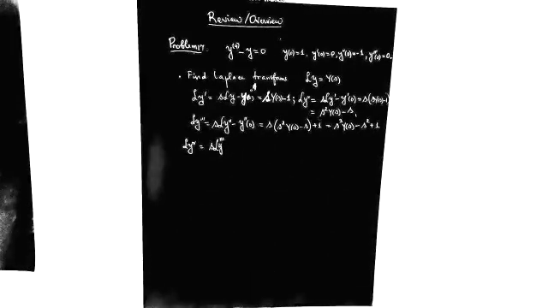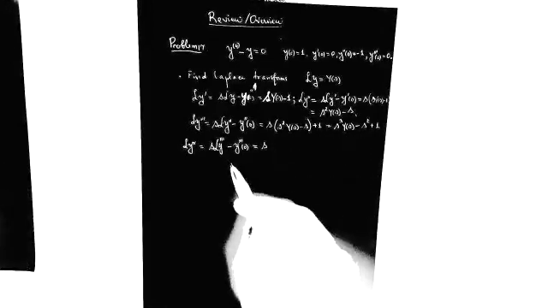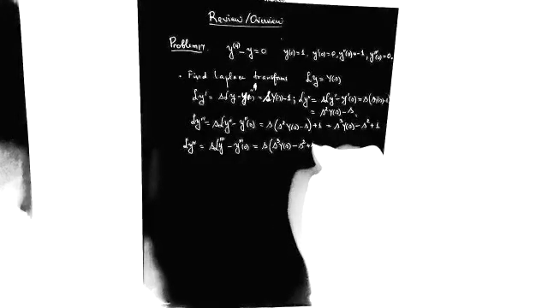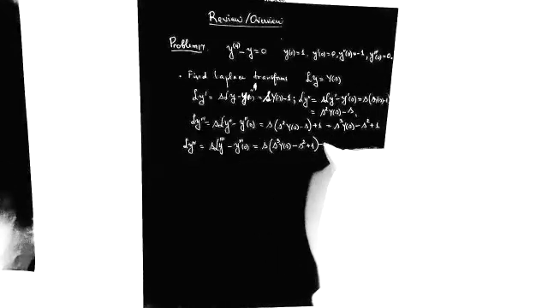And then the Laplace transform of the fourth derivative is s times the Laplace transform of the third derivative, minus the value of the third derivative at 0. The Laplace transform of the third derivative is right here. So that's s cubed Y of s minus s squared plus 1, minus the value of the third derivative at 0, which is 0.